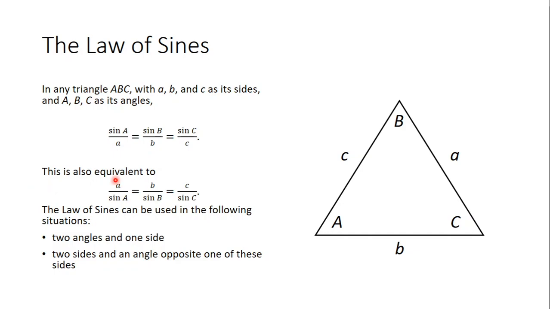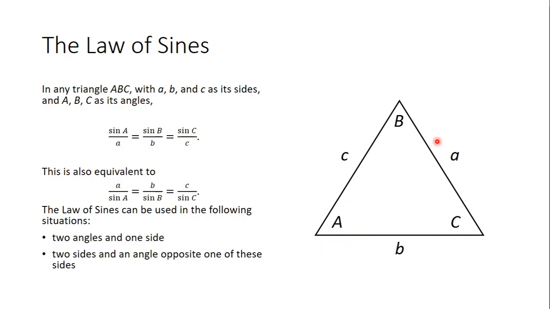And this is also equivalent to a over sine A equals b over sine B equals c over sine C. You're just going to get the ratio of a side and the sine of the angle opposite to the side.